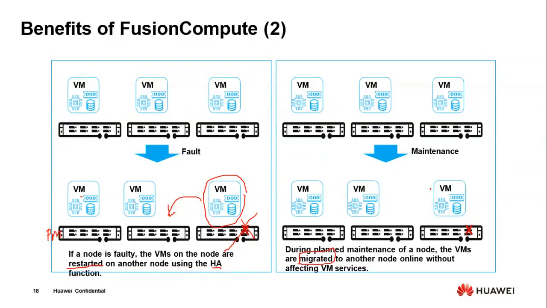In terms of maintenance also, for example, you want to maintain this, if this is 1, 2, and 3, you can migrate all the virtual machines in it, then you can do your maintenance. Once you finish, you can re-migrate the virtual machines back to it. So it's very good for fault tolerance and also for maintenance.